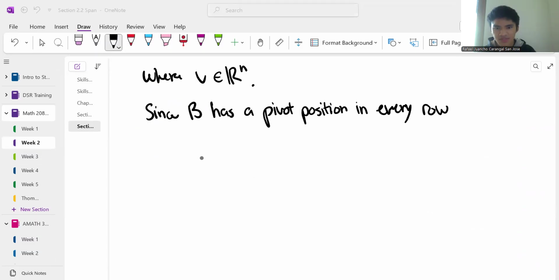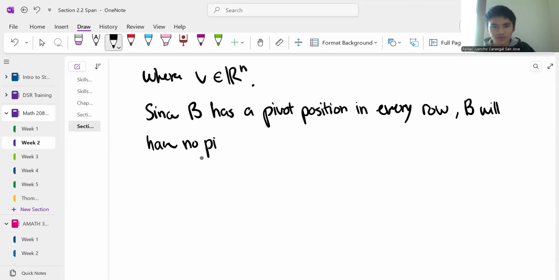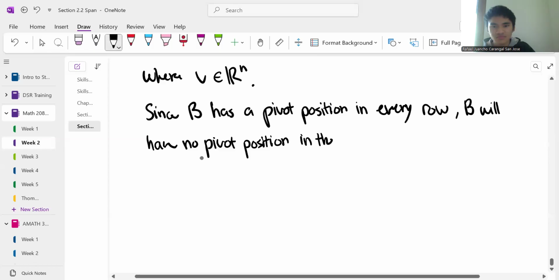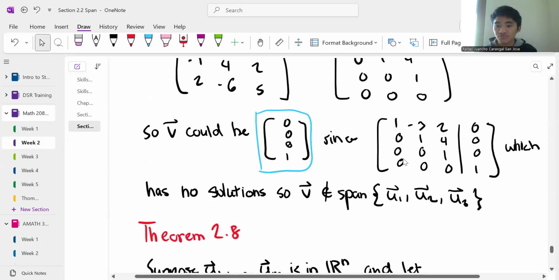Same sequence of row operations that transformed A to B. So what it's saying is that B will have no pivot position in the last column. Wait, if it's an echelon form, it doesn't have a pivot position in the last column. Oh, it doesn't. This one doesn't.